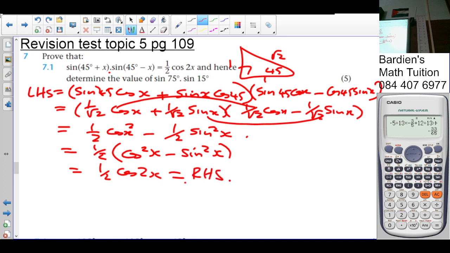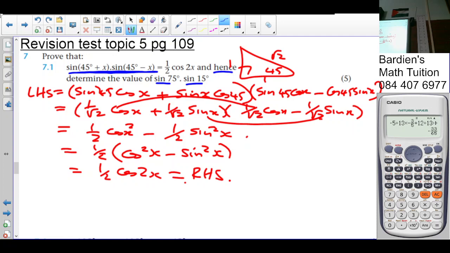Now there's a hence part of this question. It says hence determine the value of sine 75 sine 15. What you should note is that this should remind us of something. If 45 plus a number is equal to 75, 45 plus what is 75?